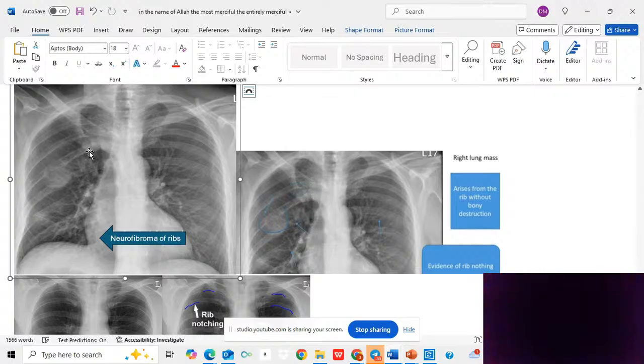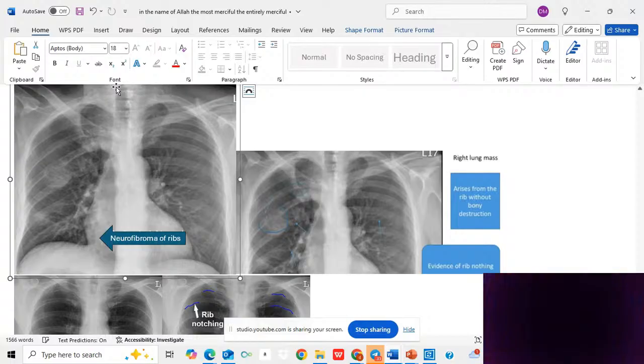The first one is seen arising from the right first anterior rib. The second one, superior aspect, is seen arising from the right... Let's count.